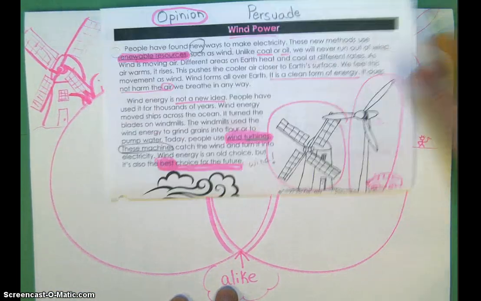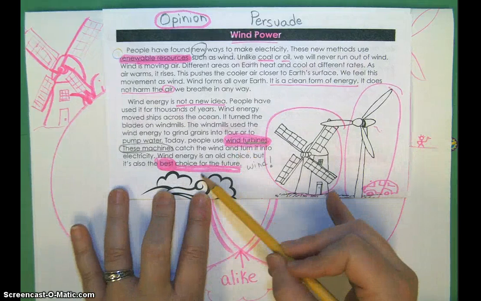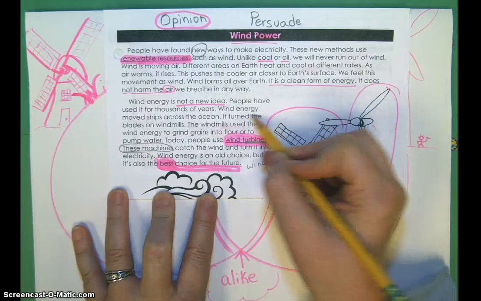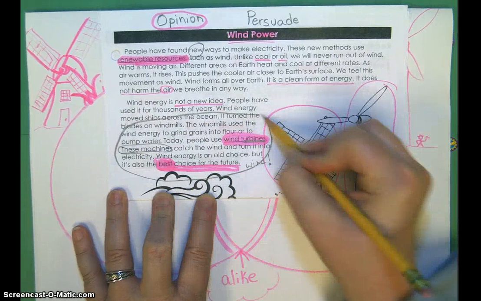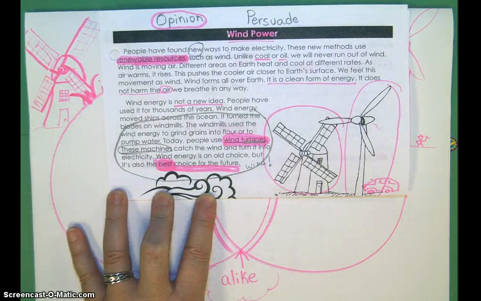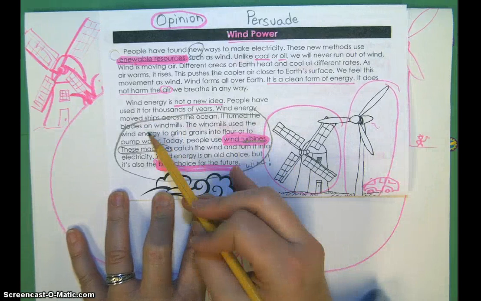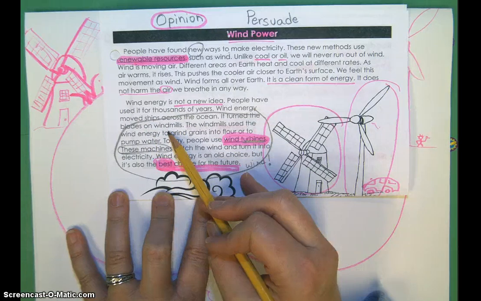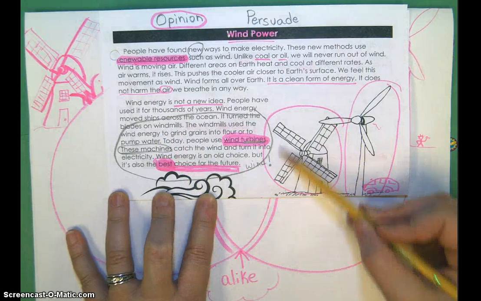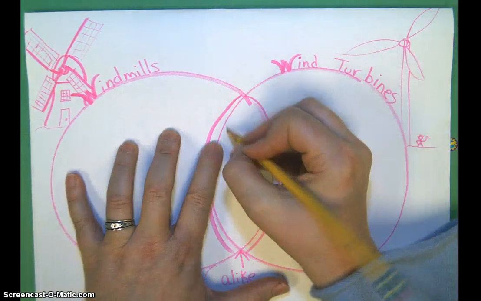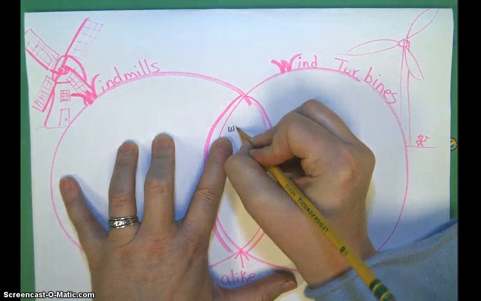So turbines and windmills starts here. So this is what I'm interested in. Okay. Wind energy moved ships across the ocean. It turned the blades on windmills. So wind turns the blades on windmills and also on turbines. So wind turns blades. This is what is the same.